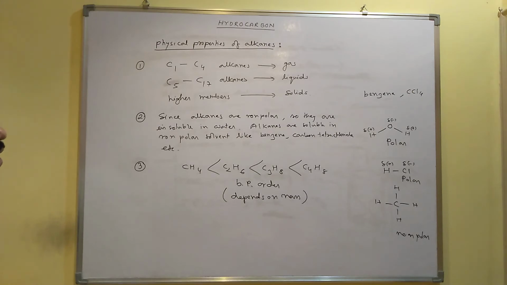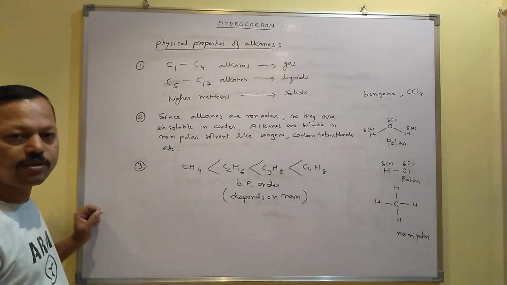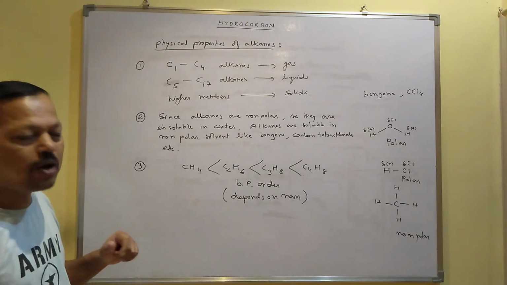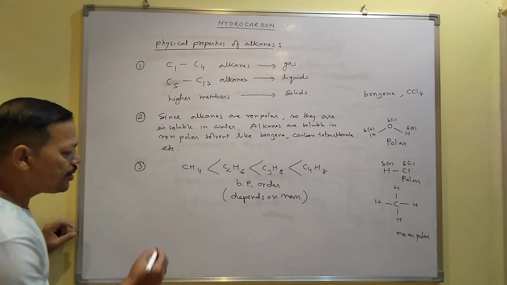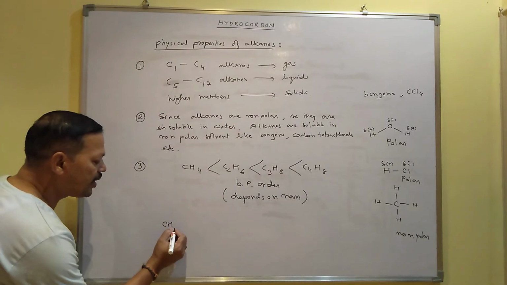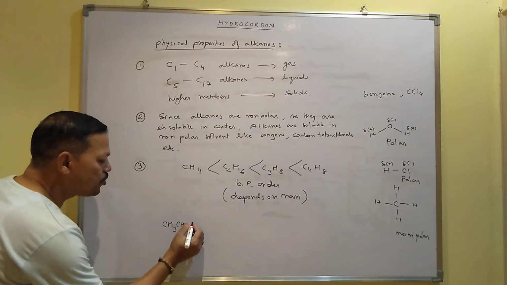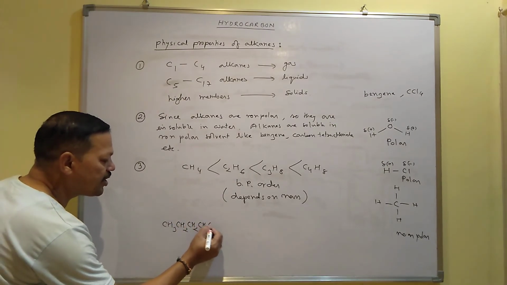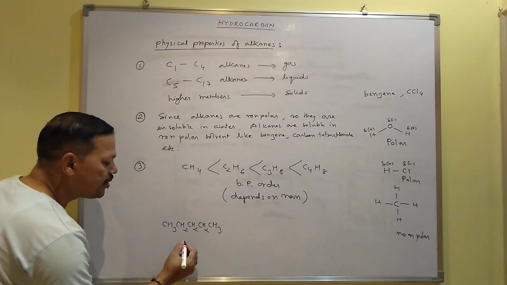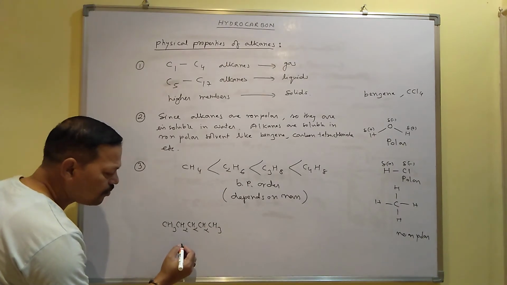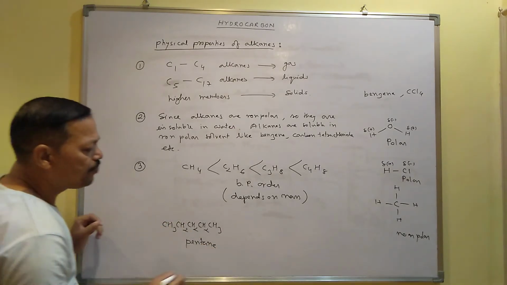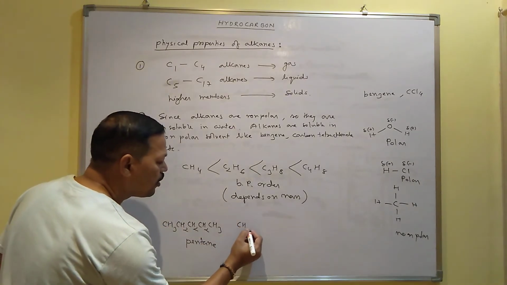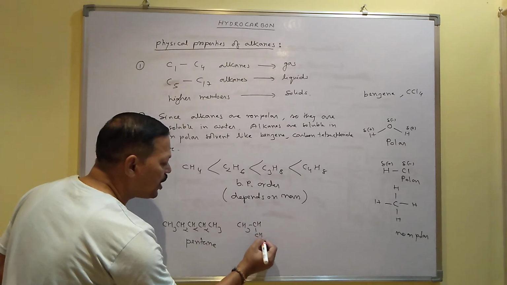And in case of isomeric alkanes, you know isomer means same formula but different structure. For example, this is one of the alkanes, CH3, CH2, CH2, CH2, CH3, 5 carbons present. This is called pentane, normal pentane, no branching here. And this is one of the compounds which contains branching.